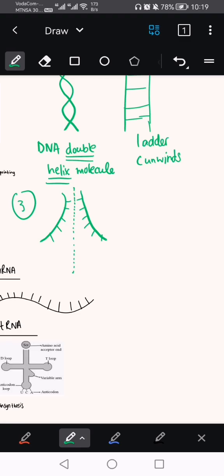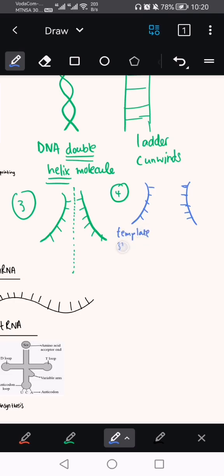Now, I'm using a lot of extra words just so you can understand. This gives us two separate strands, what we call two template strands, right?